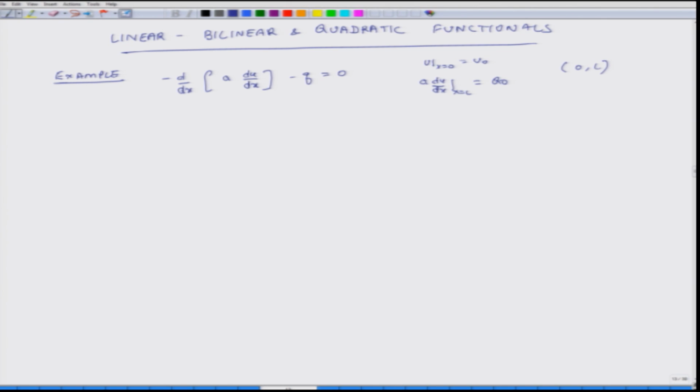Now, we will look at this problem in the context of a bar under compression or tension.